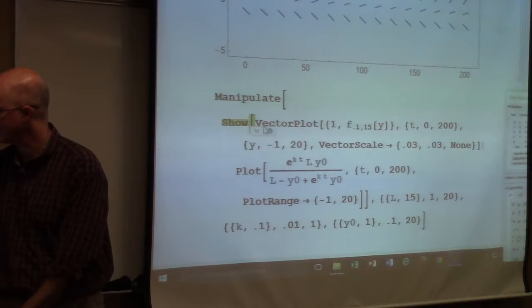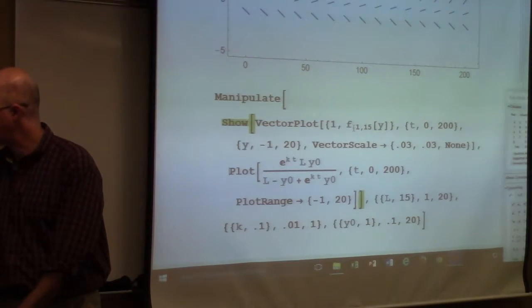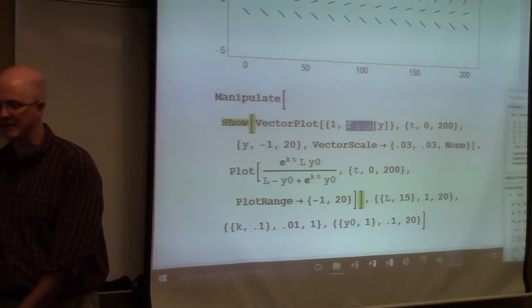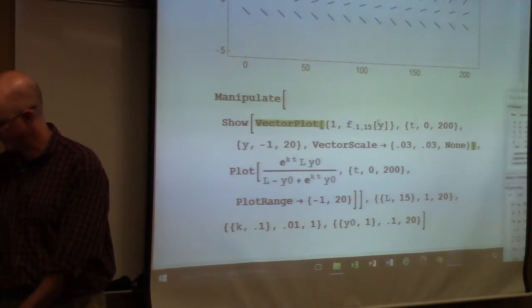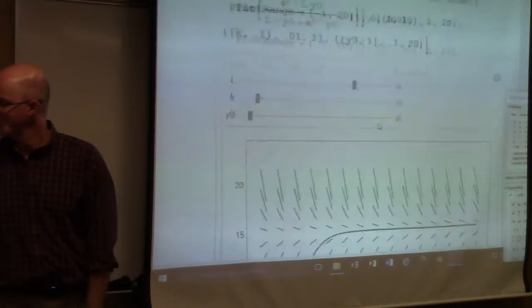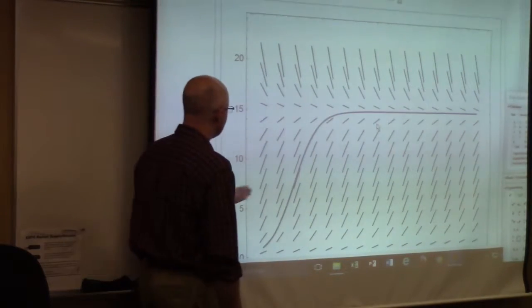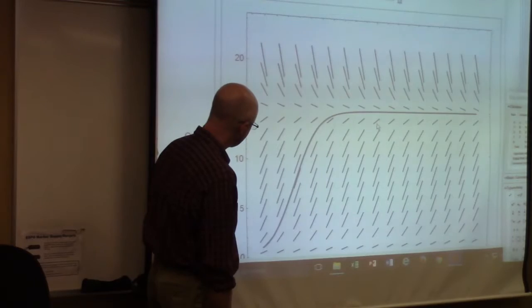I'm going to paste my vector plot code right there, put a comma, and then I'm just going to allow k and l to change in the animation. So change the 0.1 and the 15 to a k and an l. That'll allow an animation. There you go, you see the pattern there pretty nicely.